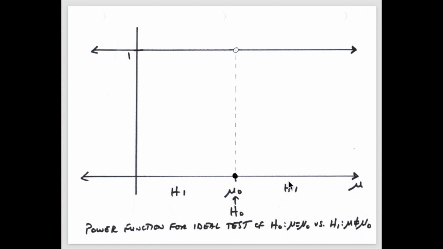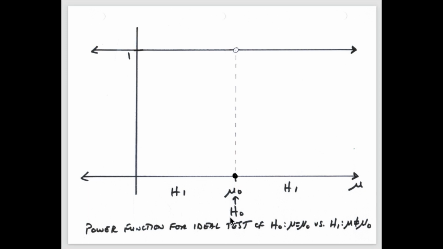Now, if mu is any other value than mu sub 0, in other words, if mu is not equal to mu sub 0, then the alternative hypothesis is true. Now, that can be the case when mu is either strictly to the left of mu sub 0, or if mu is strictly to the right of mu sub 0.